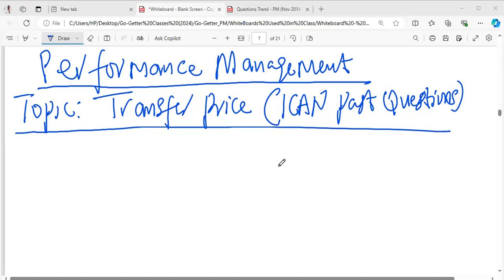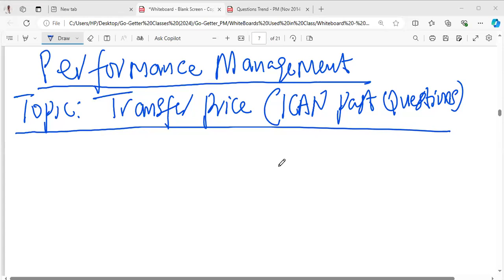We also said that when you are given a question in the exam, you need to look at the company's policy. The company's policy is the guiding principle in the exam. So look out for the company policy, look out for the transfer pricing policy. These two things will help you give good answers.